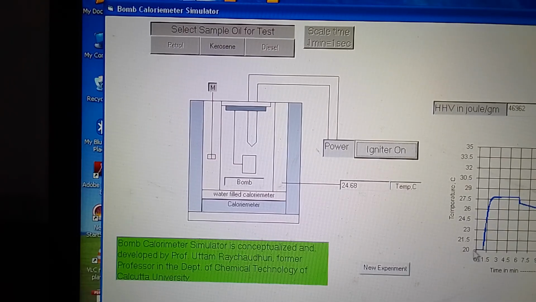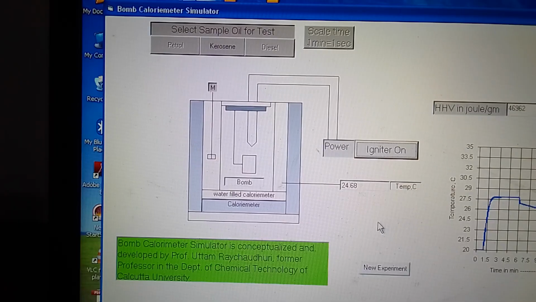And then we get the average temperature, and subtract the initial temperature, within the time domain in which this area is calculated. The difference with respect to the initial temperature of the water in the calorimeter is multiplied by the water equivalent of the calorimeter. We get the total heating value.